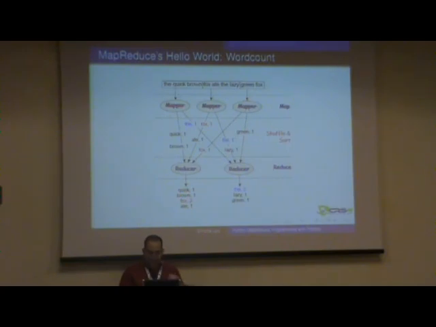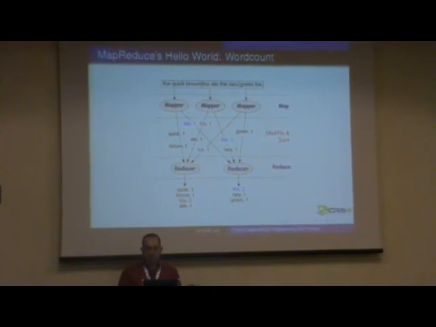So here is how the model works. The input data is split into subsets, and every subset is assigned to a mapper. Input data is a string containing the words you have to count. All the map function does is split the string into words and immediately emit the word itself as the key and the number 1 as the value.